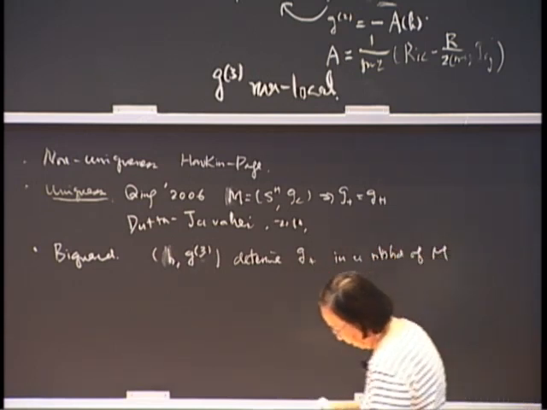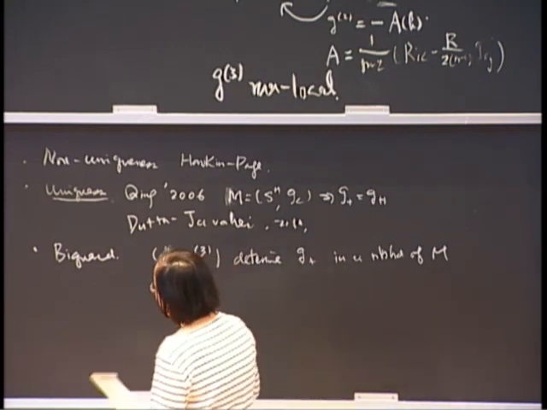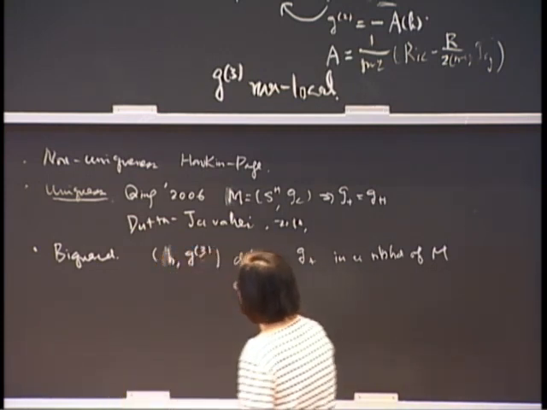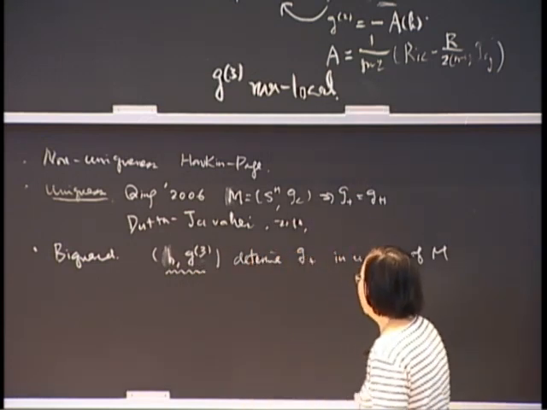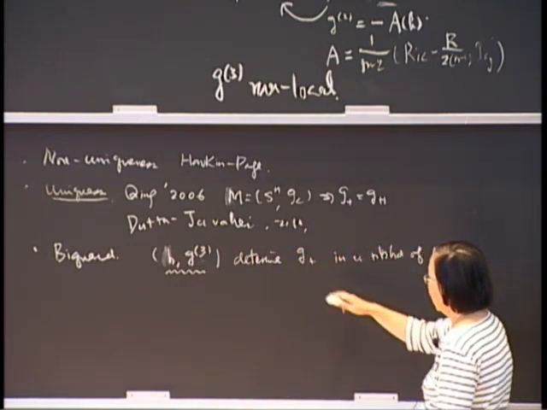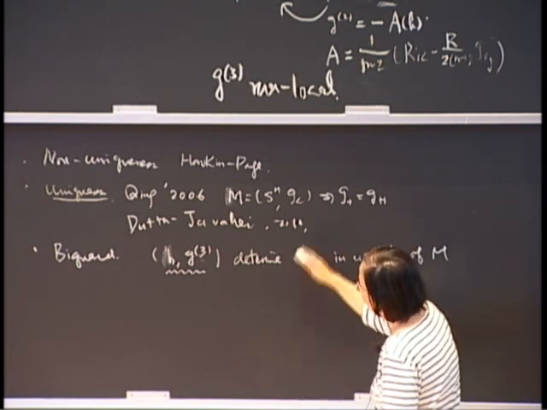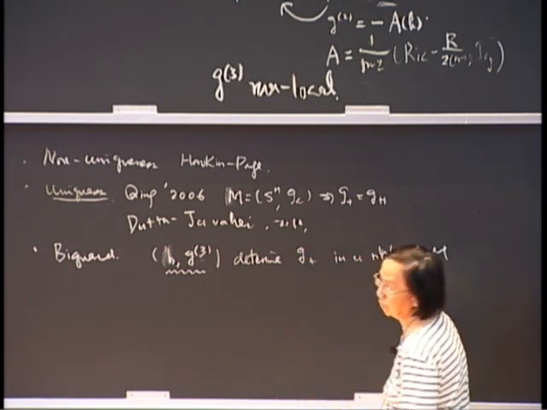Okay. So the question we are asking is, does this information really determine the corresponding conformally compact manifold, the compactness result?